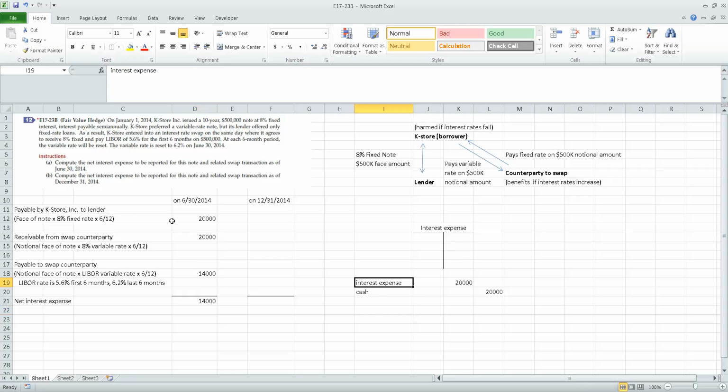This was the journal entry for the payment to the lender. And then for this receipt of $20,000 from the counterparty, we've got debit cash, credit interest expense, and then for this payment to the counterparty from K-Store, we've got interest expense, cash.